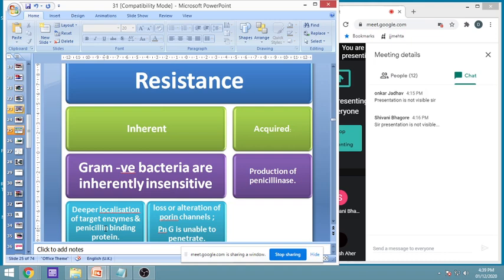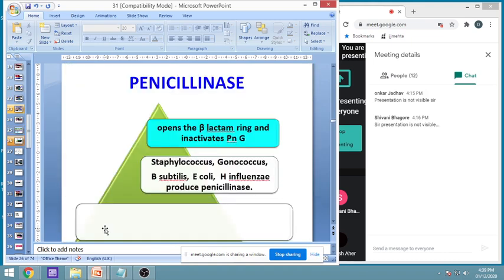Examples are ampicillin and amoxicillin. Penicillinase is the enzyme, also called beta lactamase. It opens the beta lactam ring, and once the beta lactam ring is broken, penicillin G is inactivated. A whole variety of bacteria can do it. Examples are all Staphylococcus.